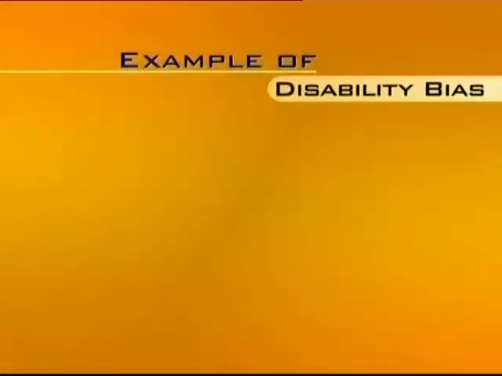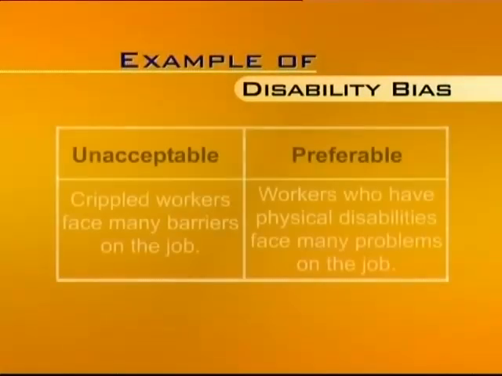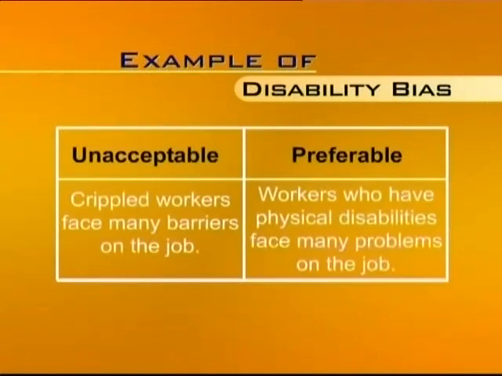Similarly, a lot of the times when we talk or write, we tend to forget that we are expressing some kind of a disability bias, and we need to be very careful of that. It would be unacceptable to say something like crippled workers face many barriers in their jobs.